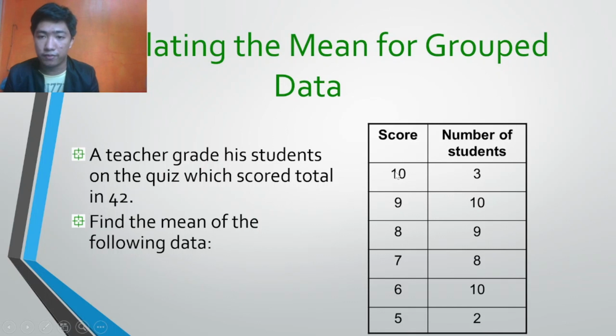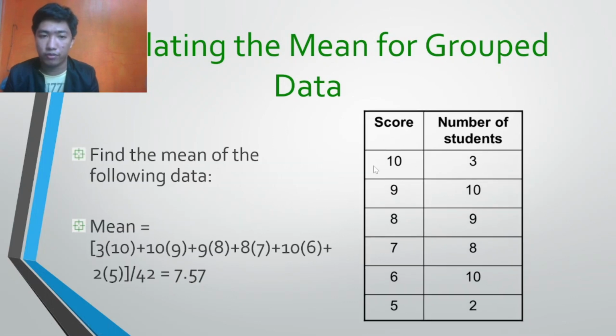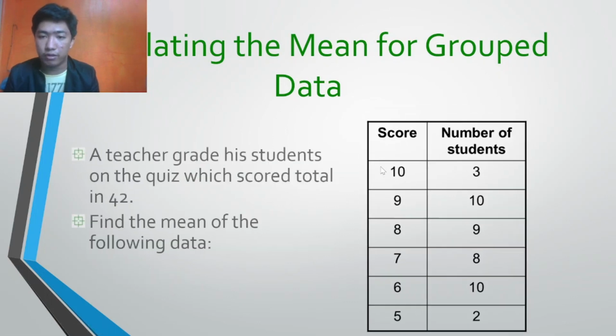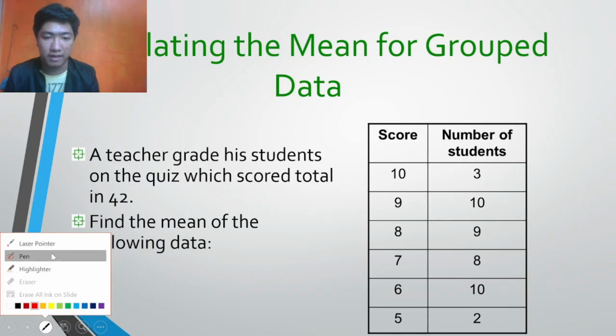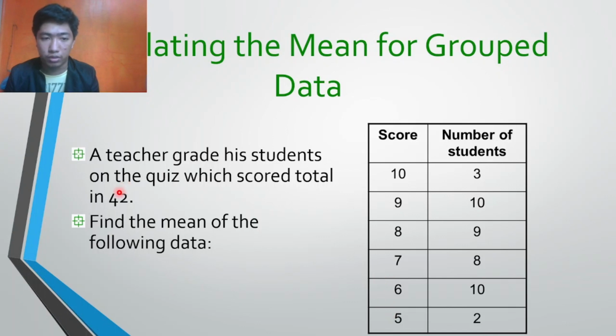First of all, we have to find the sum of the frequency, the total value of frequency, which is 10 plus 9 plus 8 plus 7 plus 6 plus 5. So that totals to 42.